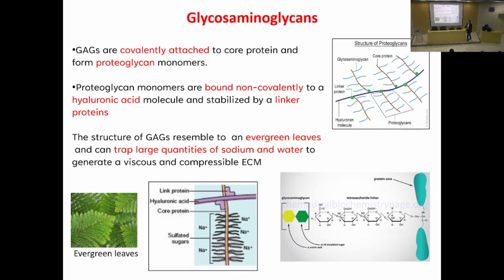Clear? The other property is that these hyaluronic acids and these molecules of GAGs can also recruit a lot of sodium. Hyaluronic acids can recruit a lot of water, and this makes your extracellular matrix able to bear any pressure, all right? It makes it compressible.